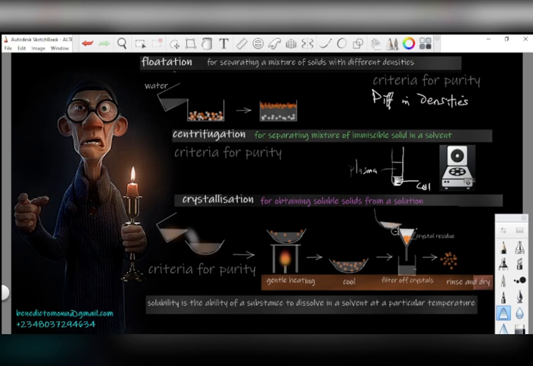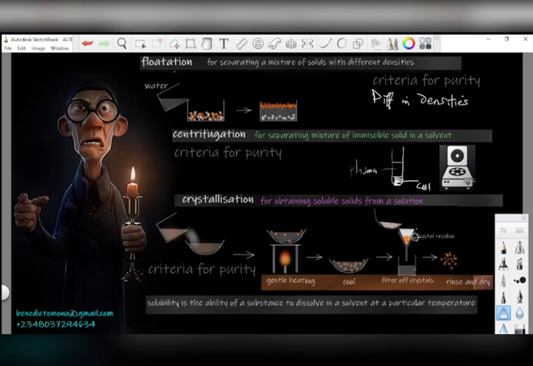Then you can now filter off what you have left of the solution. The whole crystals will collect as residue and the filtrate will go off into this beaker. The residue is what we want because that's the solid. All you need to do now is to rinse and dry the solid, rinse in water and dry in an oven. By so doing, we have separated this mixture into filtrate and the residue, which is the soluble solid you have.